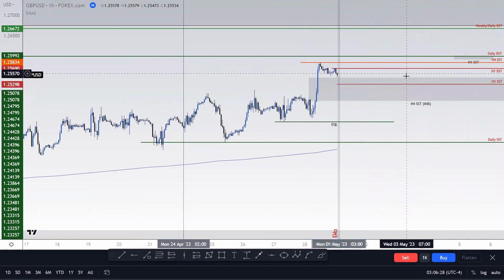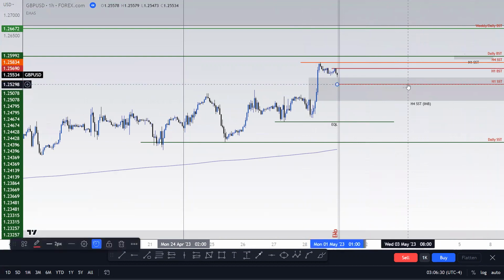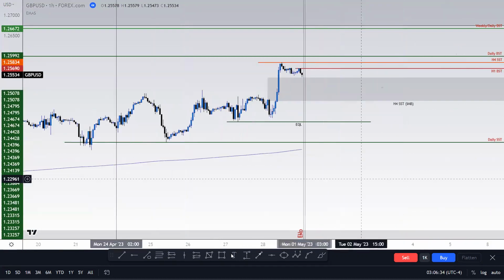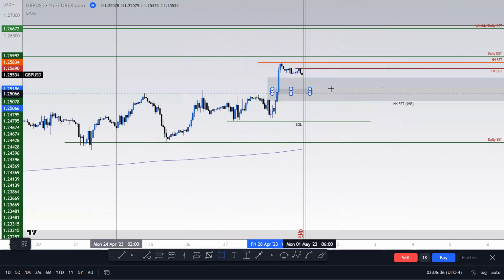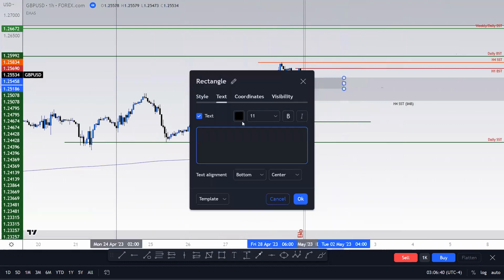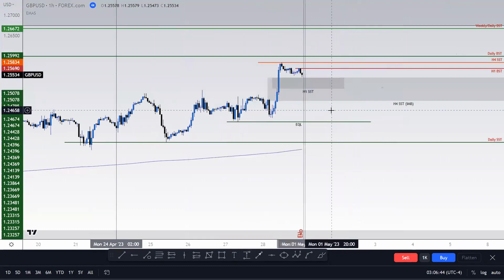Right. And the next draw on sell side liquidity, so I'm just going to get rid of these other lines, is this imbalance right here. So again, it's very important to always differentiate the 1-hour imbalance and sell side target from the 4-hour imbalance and sell side target. Okay. So that's that.